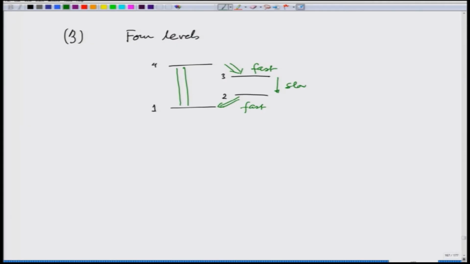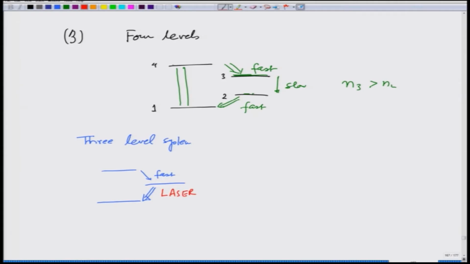As soon as the atoms reach level 4, they are going to come down to level 3, and slowly they come down, and as soon as they come down to level 1, there is a possibility that N3 would become greater than N2. So, wherever this slow action is taking place, those are going to be the levels which I can use to amplify light. So, in a 3 level system, this is fast and this is going to be laser action.